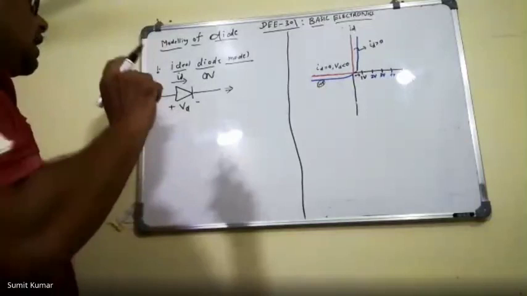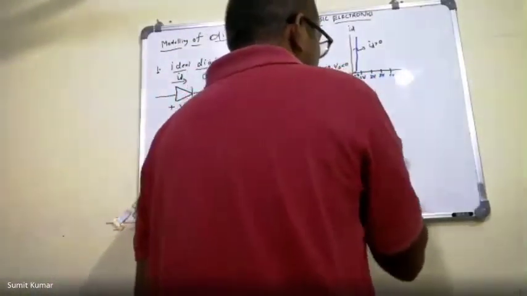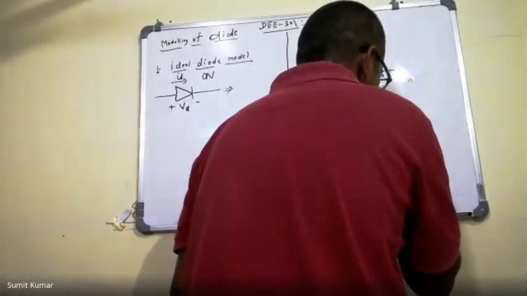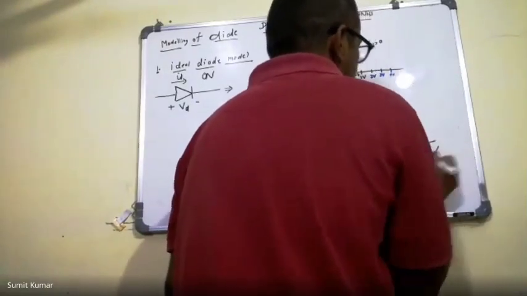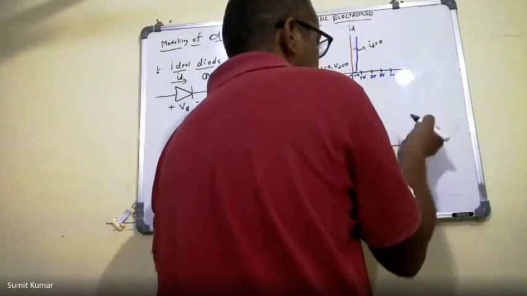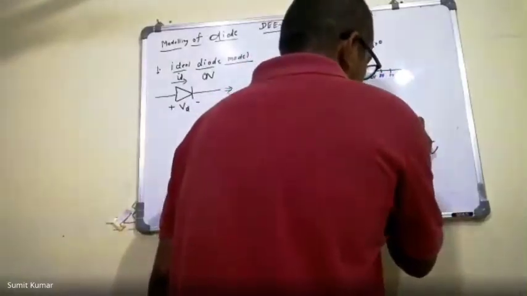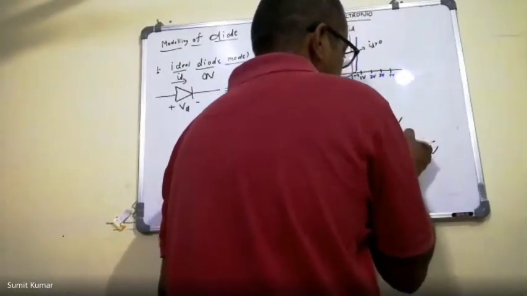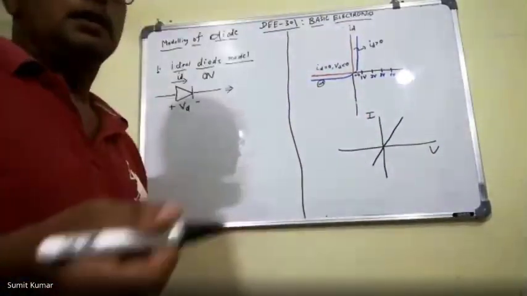So in the ideal diode model, we have actually approximated on the basis of resistance. If you draw the IV characteristics for a resistor, the current increases linearly as we increase the voltage.